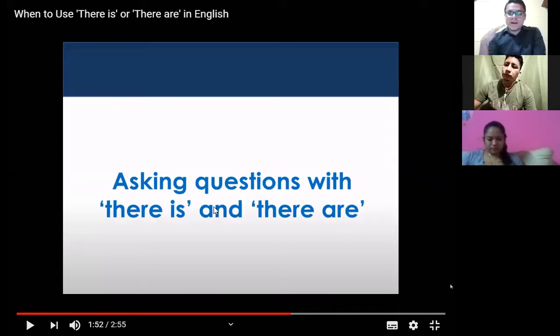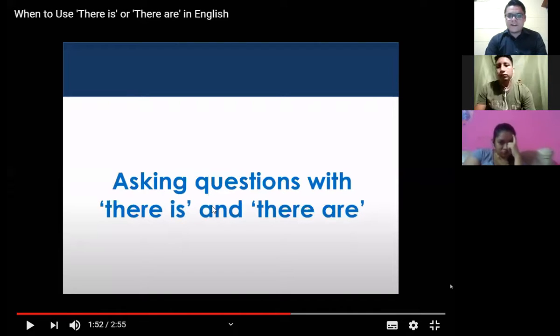In order to make questions, this is the word that you're going to use at the beginning: the verb to be, is, and are. And then you're going to use there. Let's see some examples.